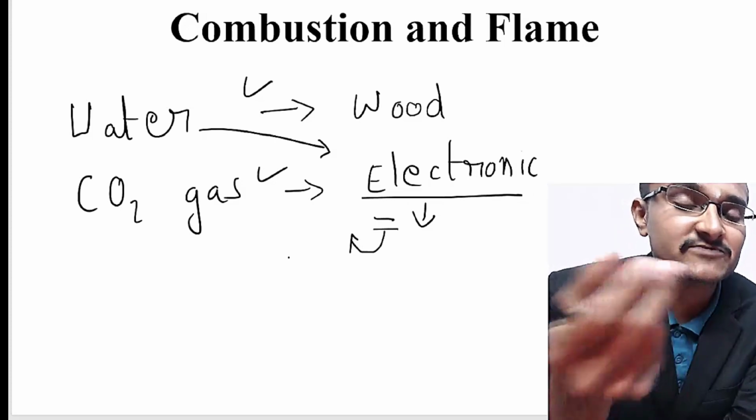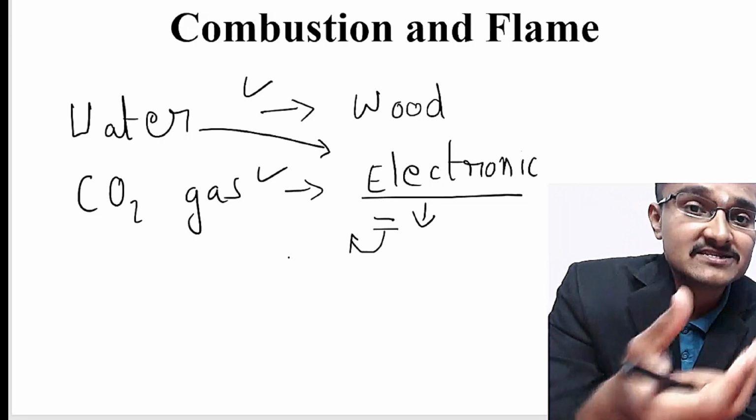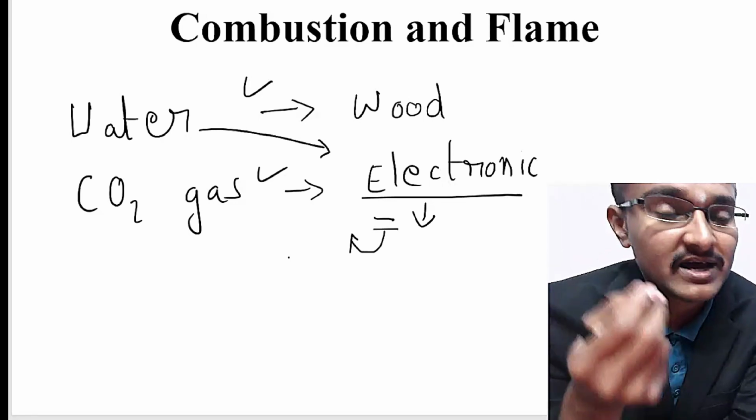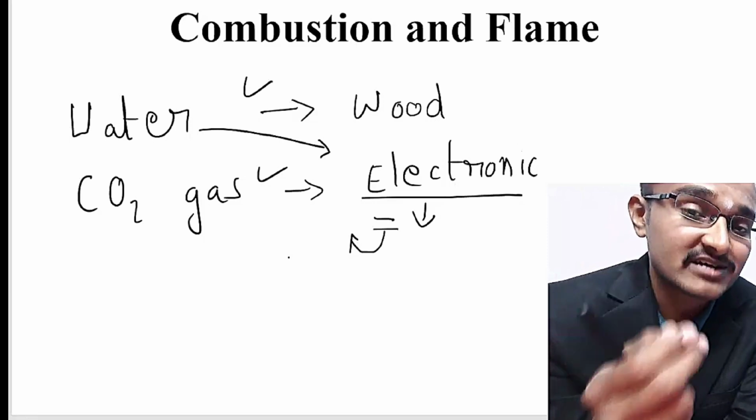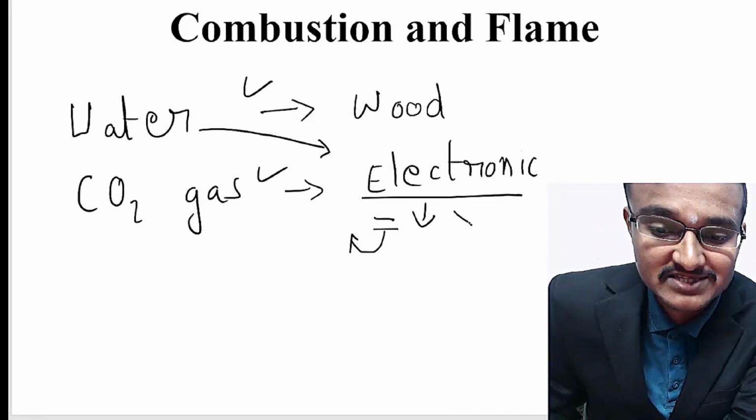The electricity in these gadgets is dangerous, and it will easily propagate through the water, because water is a very good conductor of electricity. So that's why water is not used to extinguish a fire on electronic gadgets.